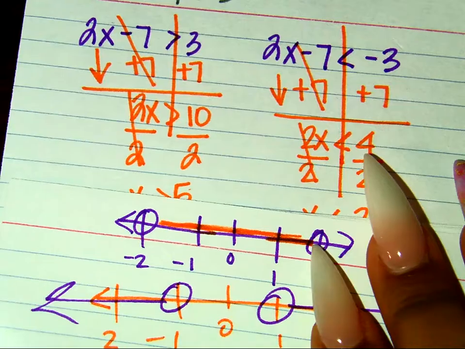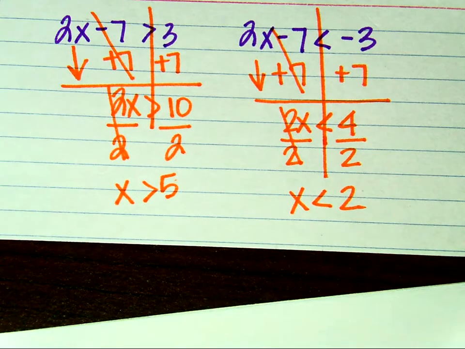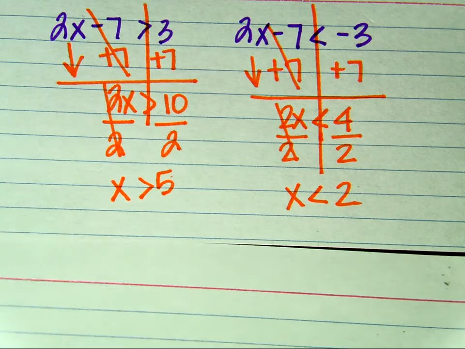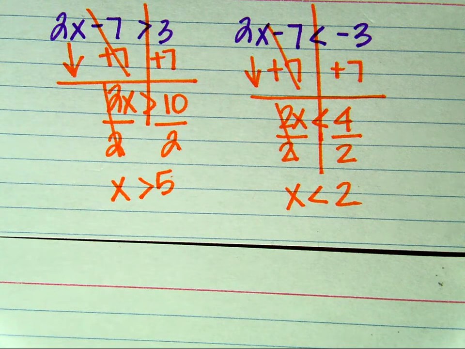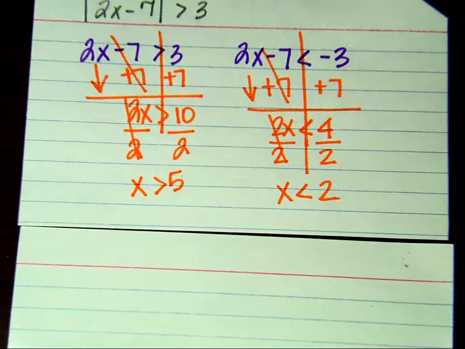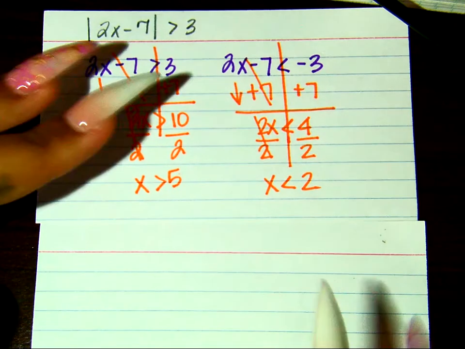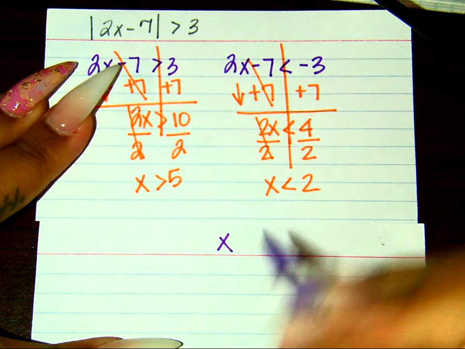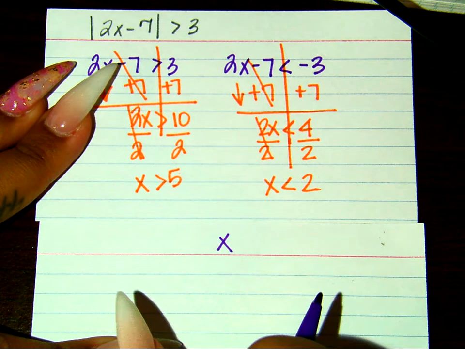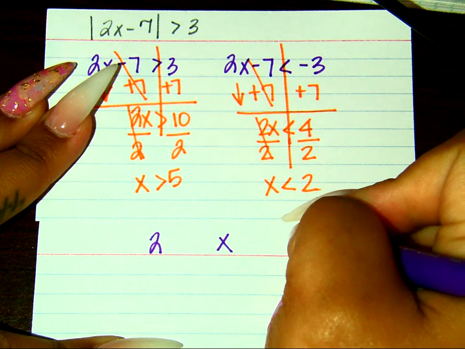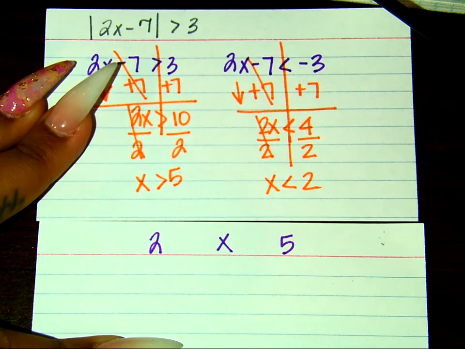Alright, so let's determine whether this is an and or a or. The first thing I would do is write this as a compound inequality, and you can do that by putting your variable, in this case it's an x, in the middle. Remember, we're going to put our smallest number on the left and our largest number on the right.